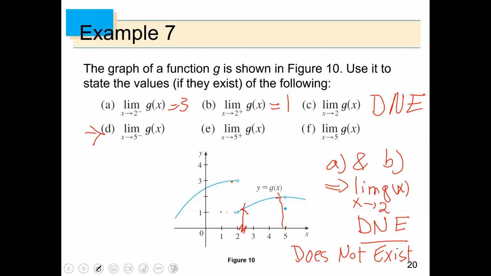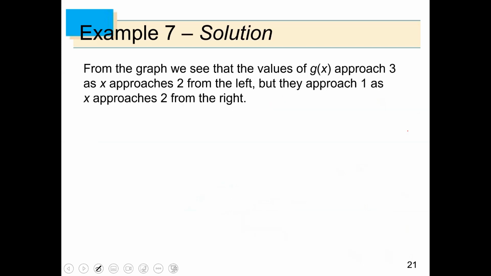Clearly, my limit will go to 2, so this is equal to 2. And even for the right, it's equal to 2. Since right and left have the same value, 2 and 2, my limit is equal to 2. And we are done with example 7.